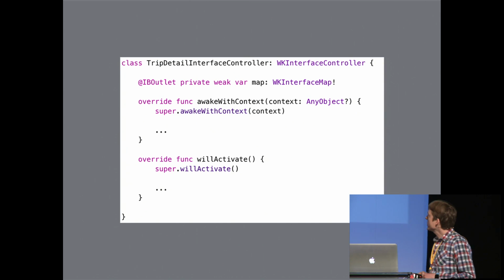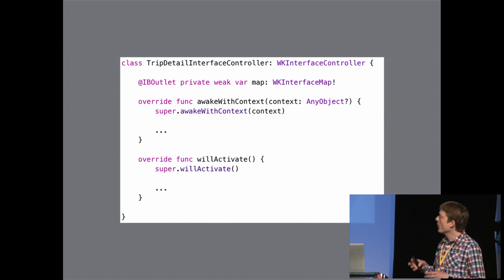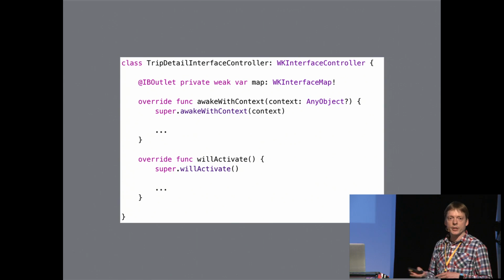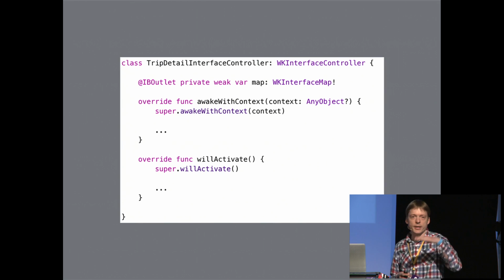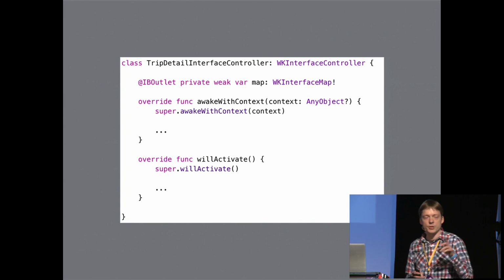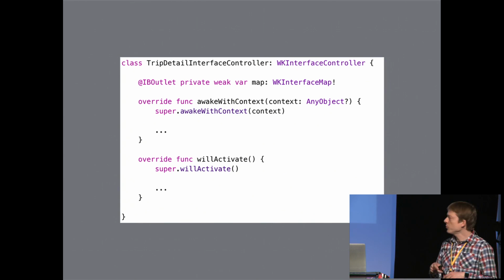An interesting concept here is that awake with context receives a context object. So the previous view controller can hand a custom object to the next interface controller, and this is kind of the input parameter. For example, I list all the connections in one table. When you tap on that, I use the trip ID as a context and pass that to the next controller.